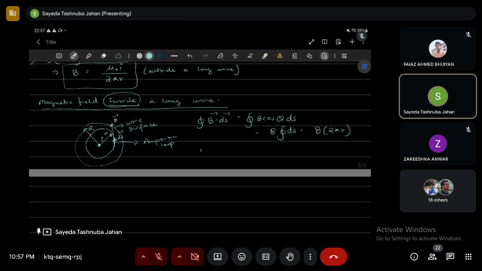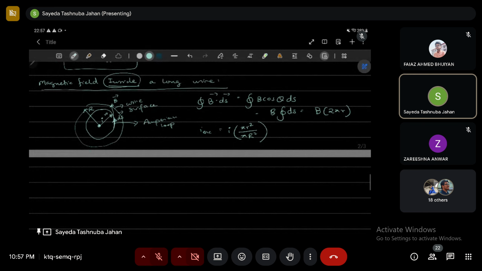So in that case, I enclosed is going to be a ratio, right, of however much current I am enclosing divided by the total current, the way we normally define partial ratios or fractions. So I enclosed is going to be the total current multiplied by the ratio of the areas that I'm enclosing, right?